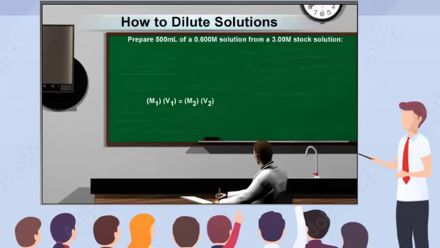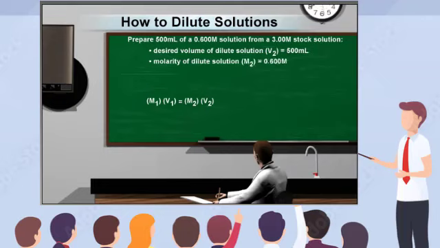You are asked to prepare 500 milliliters of a 0.6 molar solution from the 3 molar stock solution of lab cleanser. How do you prepare this solution? You know the desired volume of the dilute solution, which is designated as V2, is 500 milliliters, and the molarity of the dilute solution, which is designated as M2, is 0.6 moles per liter.